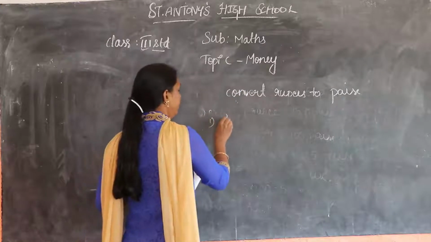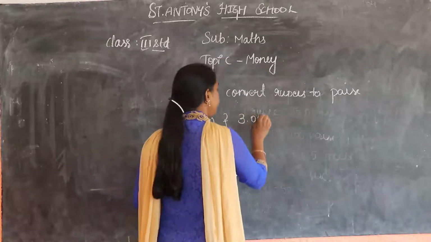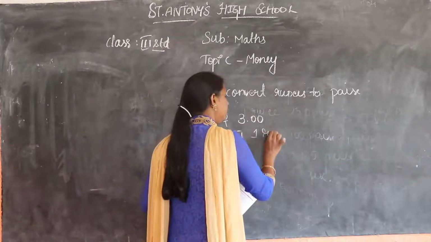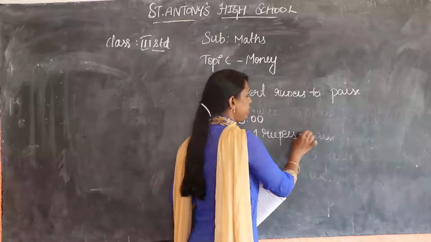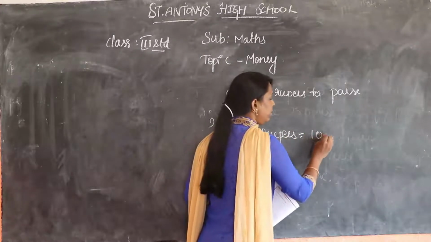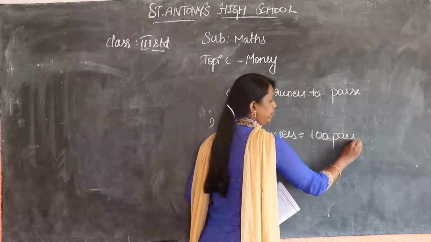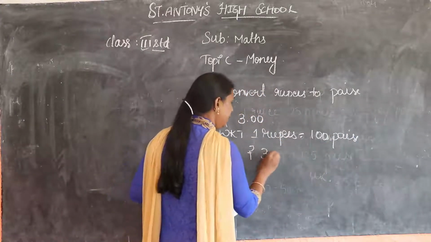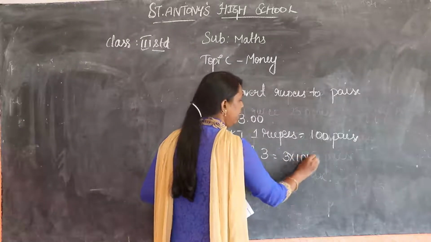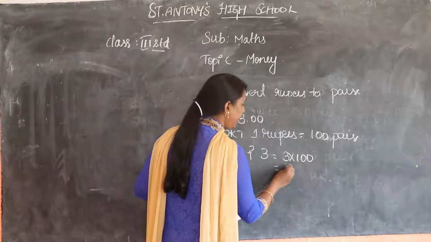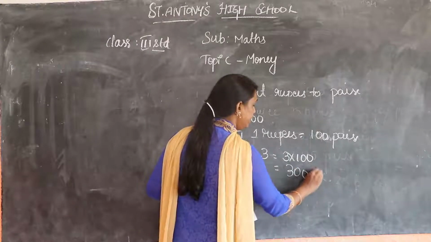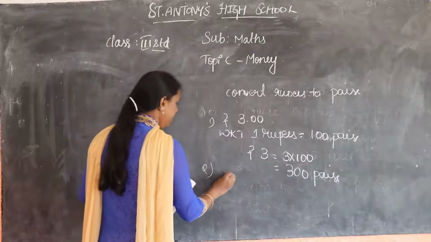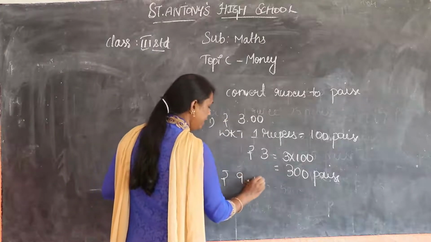First one, rupees 3 means 3 rupees. So we know, children, the formula. 1 rupee is equal to how much? 1 rupee is equal to 100 paise. For 3 rupees, 3 into 100 becomes how much? 300 paise. Next, second one, rupees 9.50.